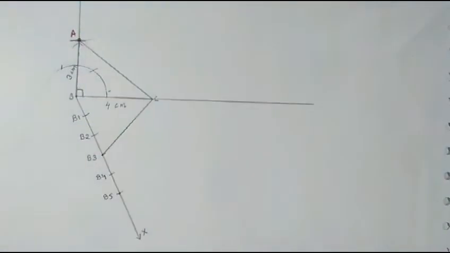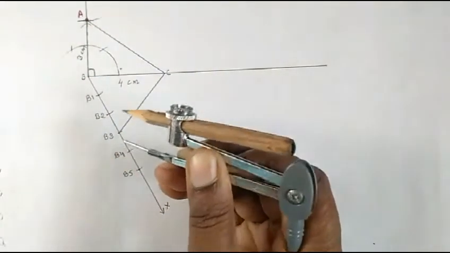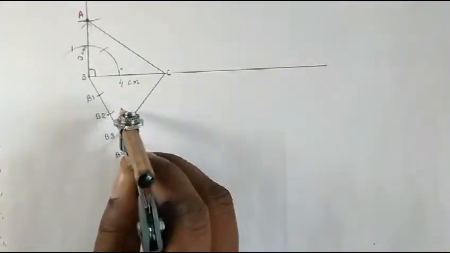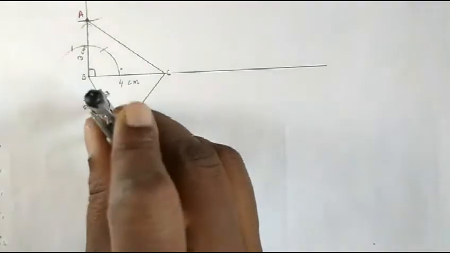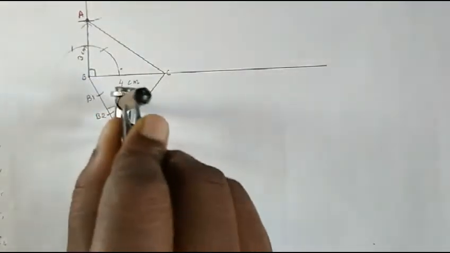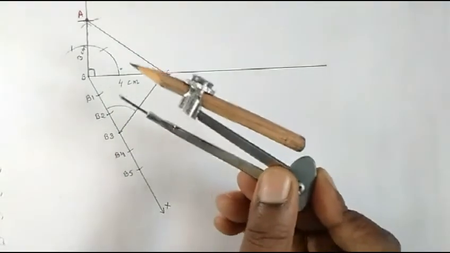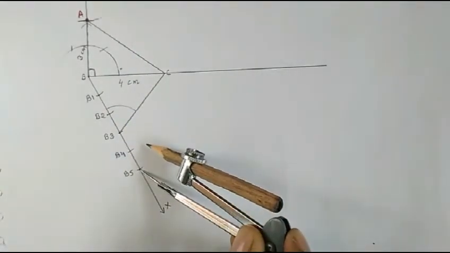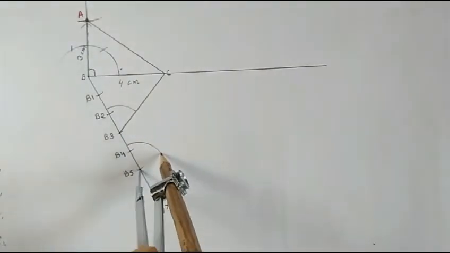Okay, so now to draw a parallel line, first you have to take the compass and draw the angle for this line first. Okay, with the same measurement from the fifth part, draw the angle.